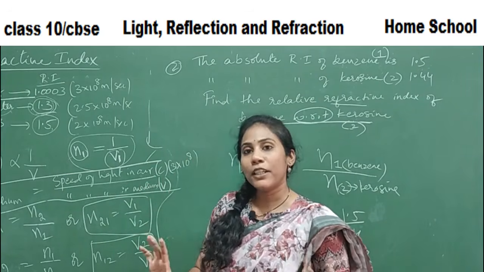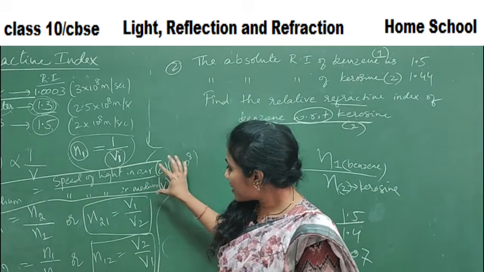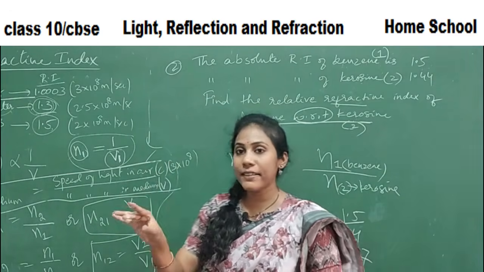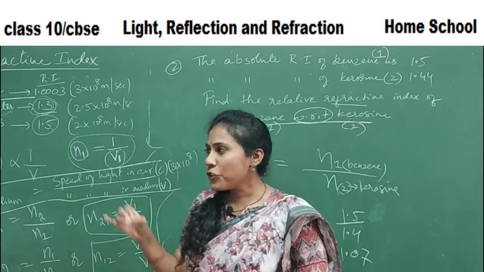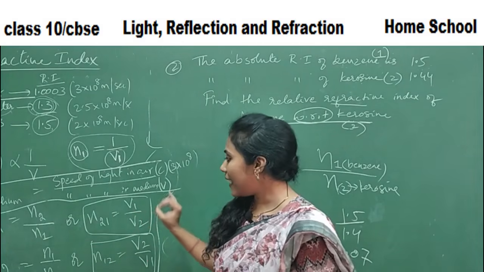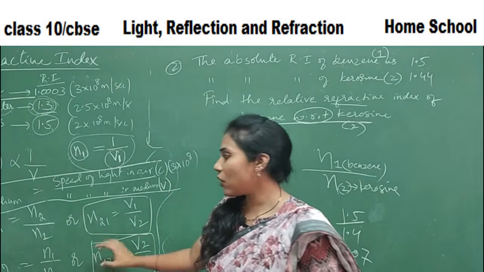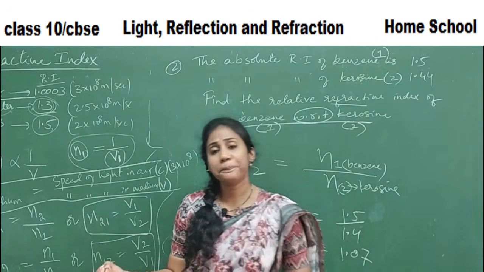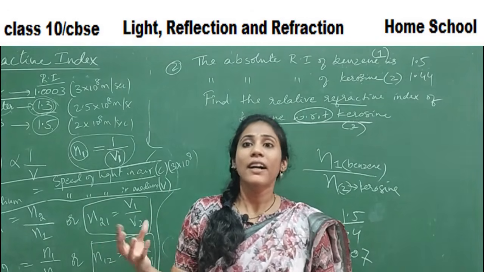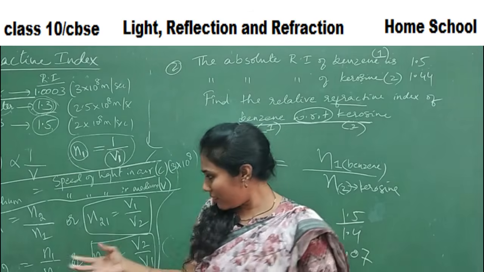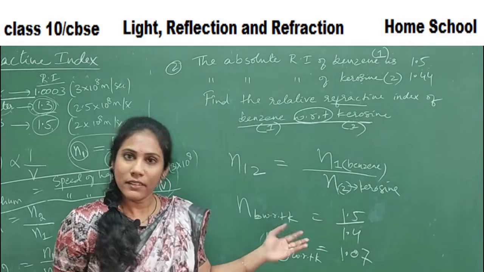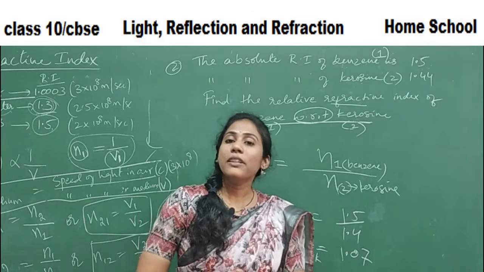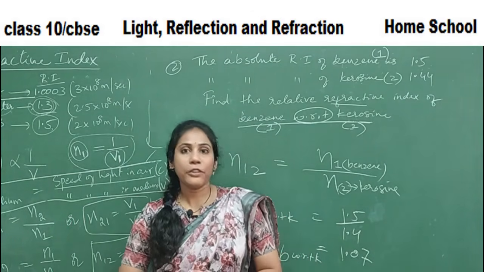So majority of the time you will get to use this formula. So concentrate on the first problem that I have shown. Clear? You can take the relative refractive index concept a little lightly. It is actually a deeper version, so remember these formulas, as problems can be asked like this. Clear? So that's all about the concept of refractive index.